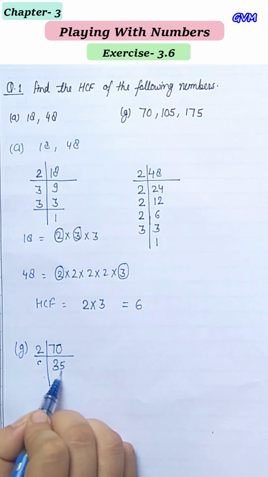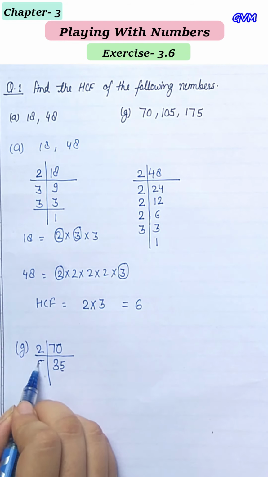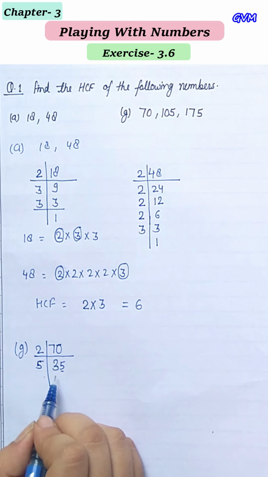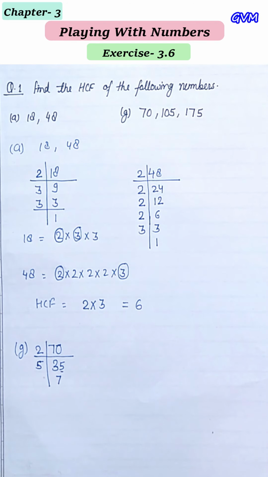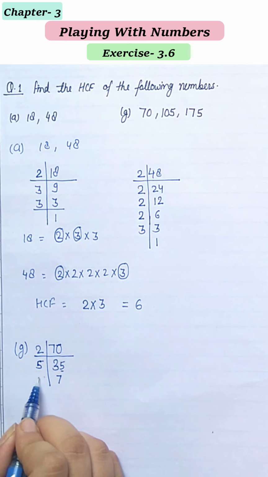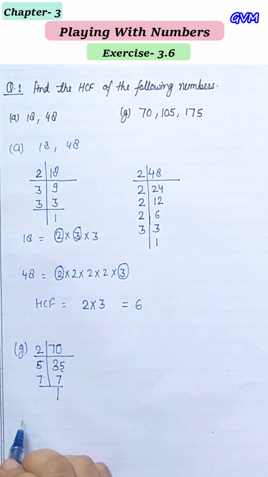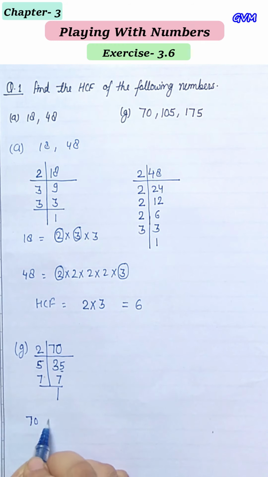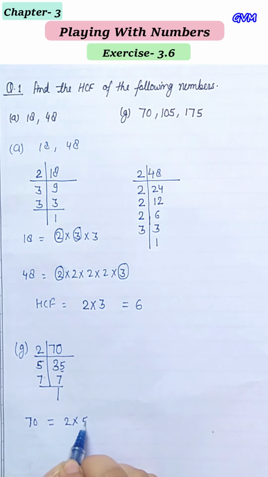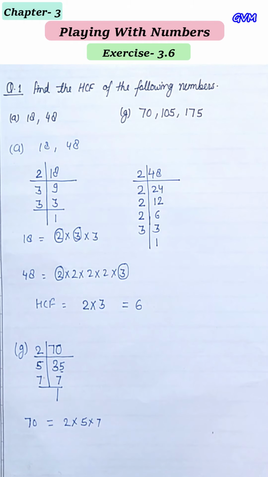So 5 can divide it because at the unit place we have 5. 5 7s are 35. Now we have 7, only 7 can divide it, so 7 1s are 7. So the factors of 70 are 2 into 5 into 7.